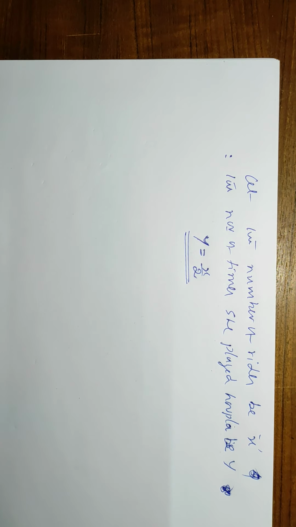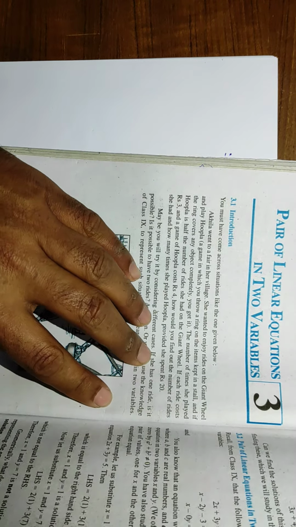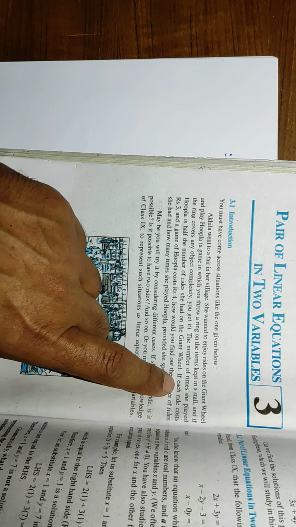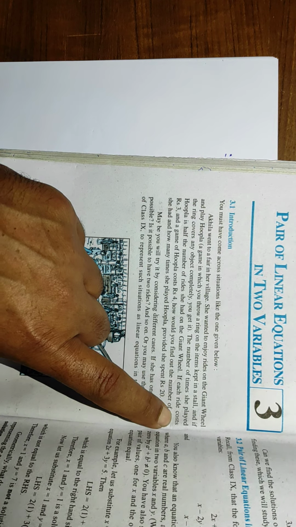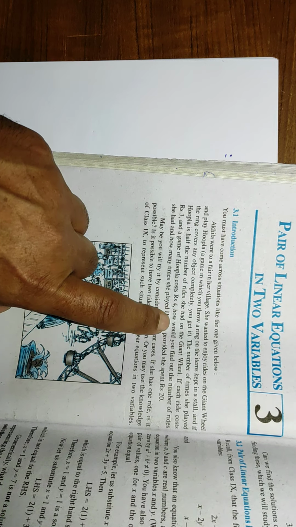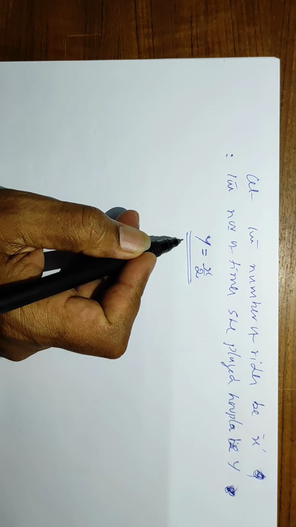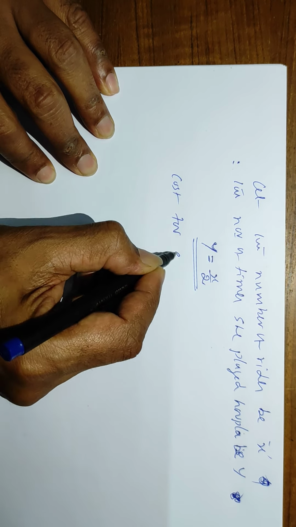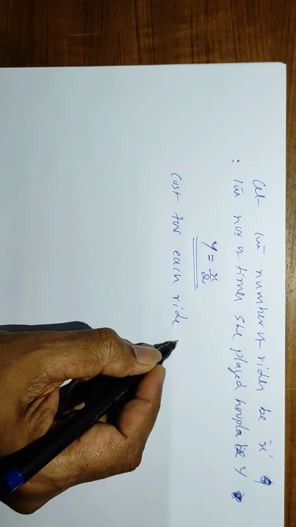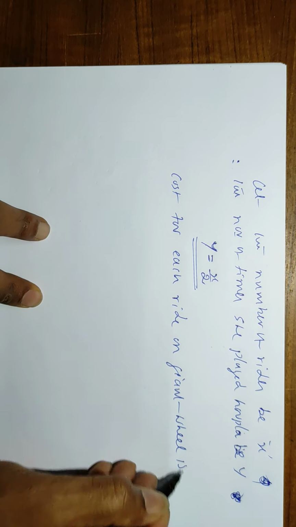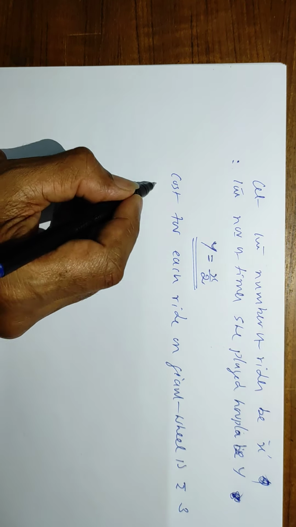And another one is there. Let me read another part of the problem. He has given, each ride costs rupees 3 and a game of hoopla costs rupees 4. So I will write that one. Cost for each ride on giant wheel is rupees 3.